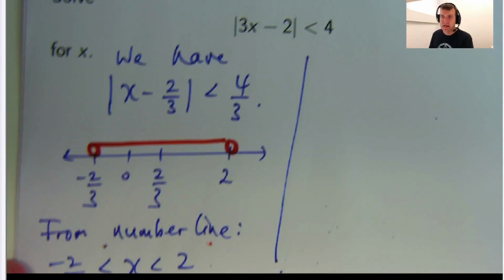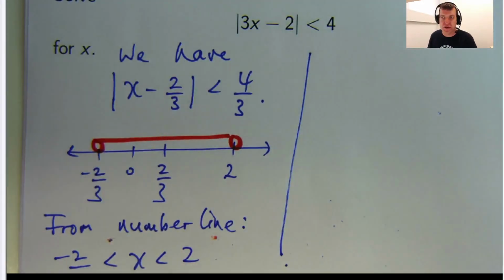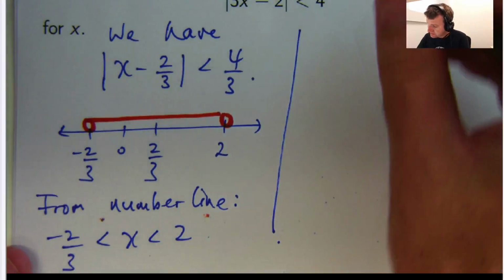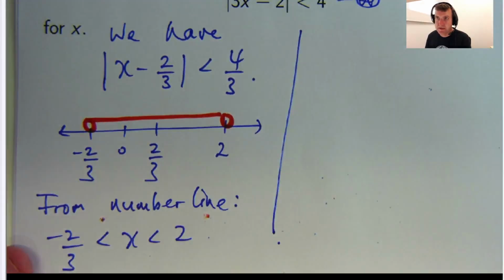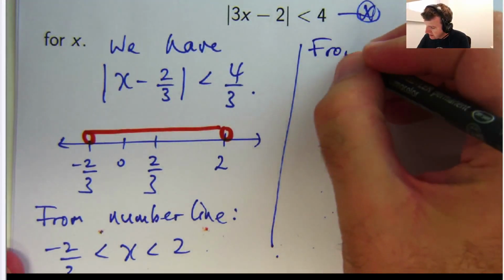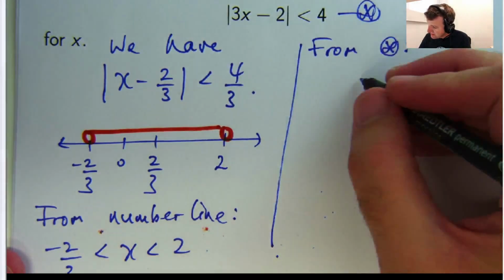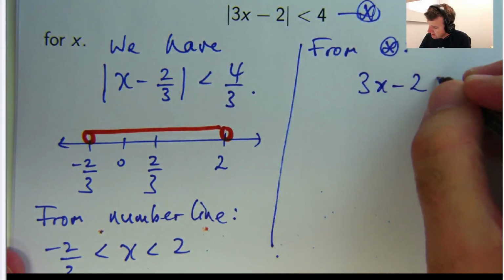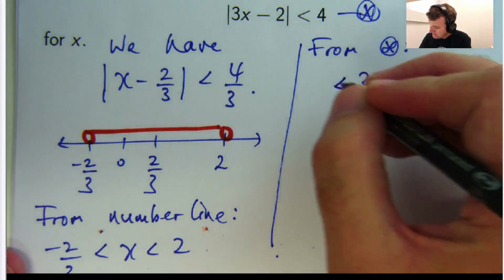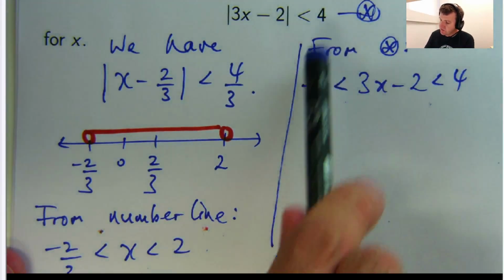Okay, let's do the algebraic way. Now, the algebraic way is nice because you don't have to manage the 3 away. You can do it later. So from star, let's remove the absolute values, put in an extra sign and change the sign on the 4.